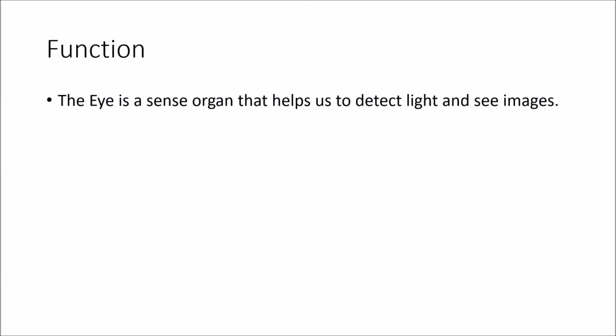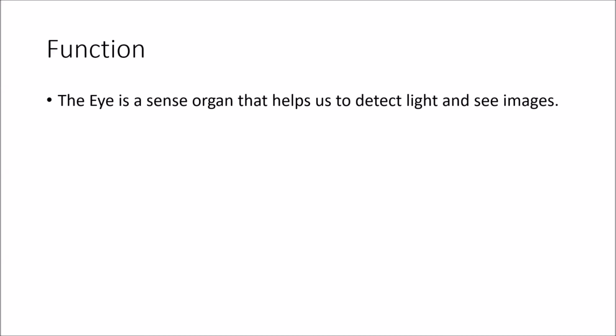Okay, so as I was saying earlier, the eye is a sense organ that helps us to detect light and see images. Okay, so we have light, which is basically a form of energy that we can see. For example, we have light that comes from the sun. We call that sunlight.